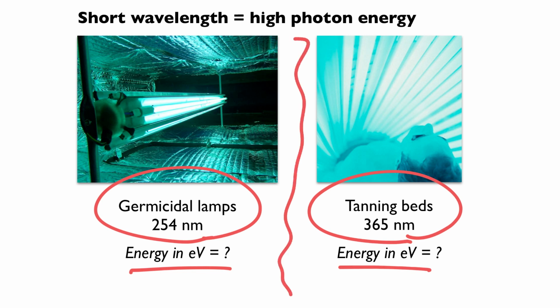The one over here in the tanning beds is enough to stimulate melanin production. The one over here in the germicidal lamps is enough to kill cells. And it turns out there's a threshold for damaging DNA that's kind of like right in the middle. And so there is a threshold beyond which electromagnetic waves are damaging because they will damage molecules, and specifically molecules of DNA.